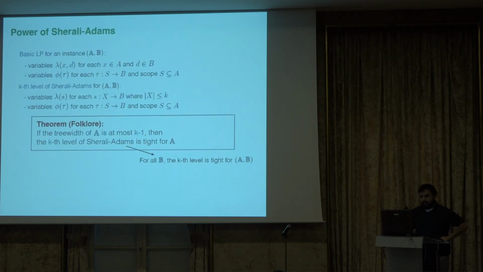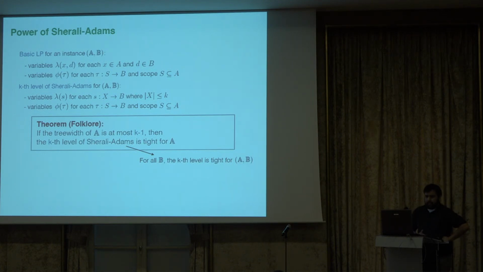Okay, so finally, Sherali-Adams. So, okay, we can easily write an integer linear program for an instance of the BCSP. The basic LP is going to be the relaxation of this one, and in general, it's not going to be tight, okay? And this is going to be the first level of Sherali-Adams.